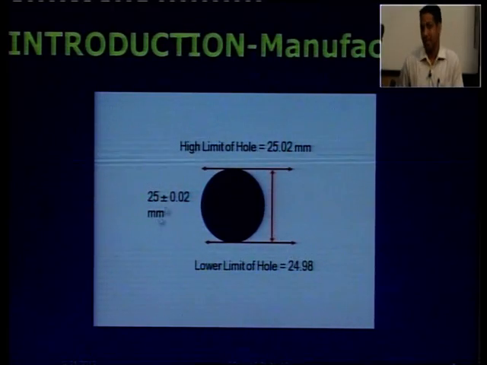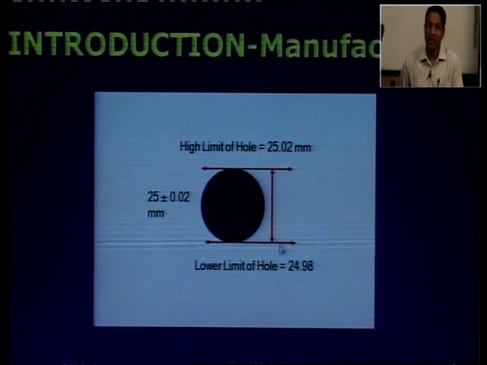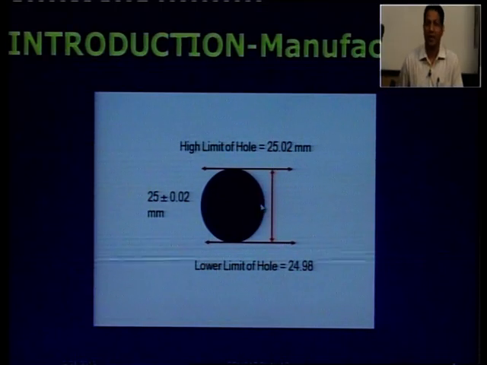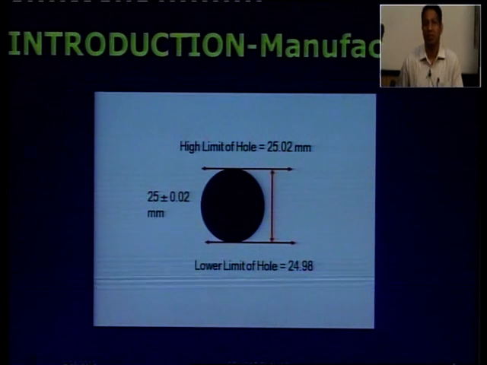Now we have to check whether this hole is within this range or not. What is the range? 24.98 to 25.02. How do we check it? Naturally we need some instrument, some equipment, some tool.